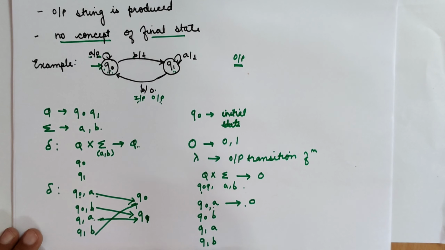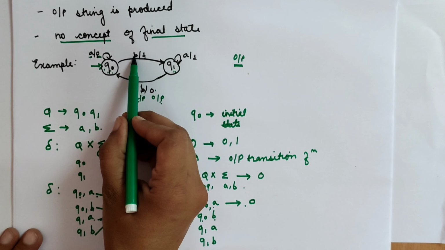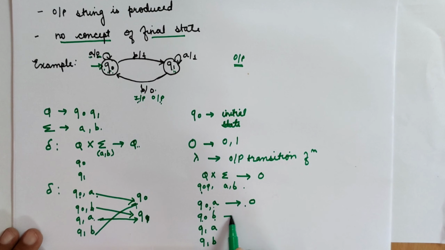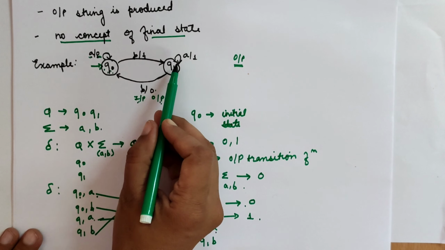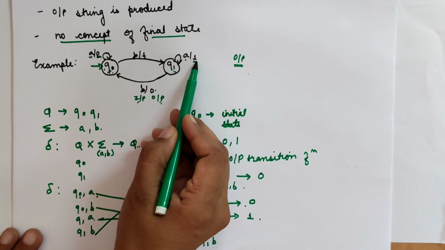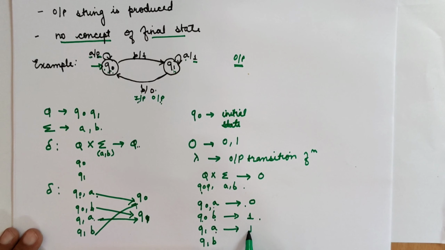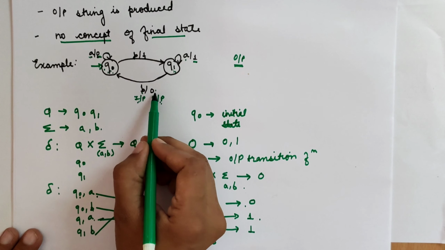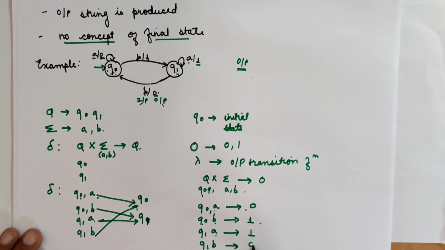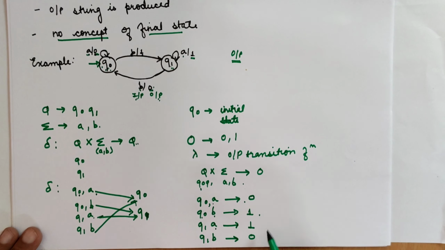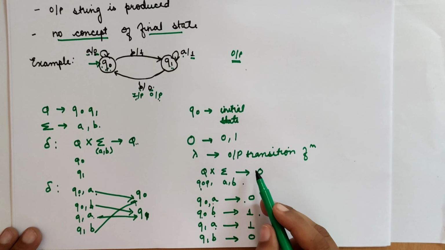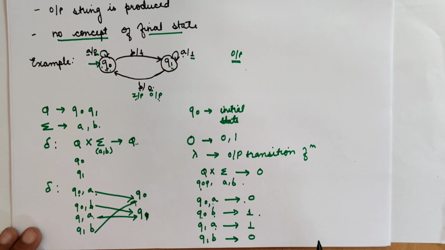Q0 on input B is producing the output 1. Similarly, Q1 on input A is producing the output 1. And Q1 on B is producing the output 0. So this is the output transition function lambda.